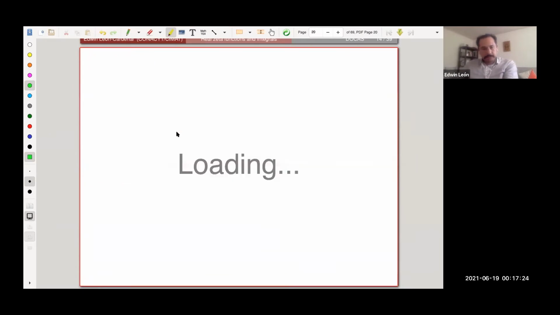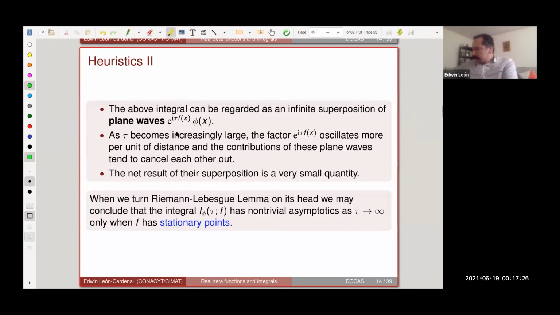Okay, so another way to read the Riemann-Lebesgue lemma allows us to say that the integral has no trivial asymptotics when the parameter goes to infinity, only when f has stationary points.